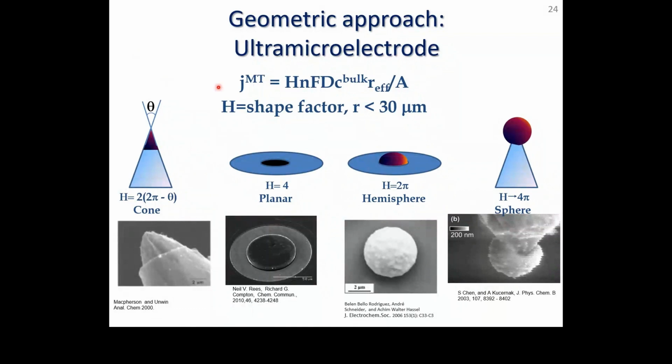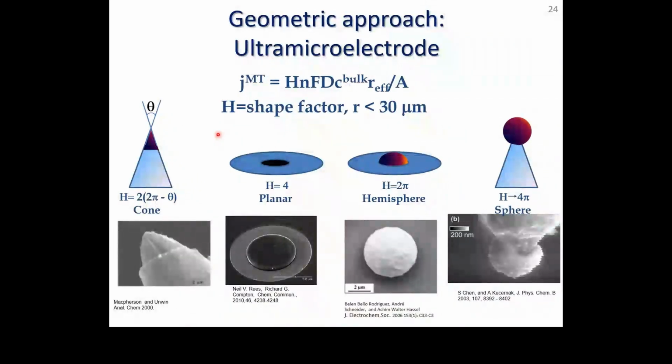So for an ultra-microelectrode, the mass transport limiting current is dependent upon the shape factor and also the radius of the electrode. And the typical radius for ultra-microelectrodes is less than about 30 microns. That is, we choose a radius which is less than the typical diffusion distance that I mentioned earlier on in this lecture. And that's the domain under which these ultra-microelectrodes work.